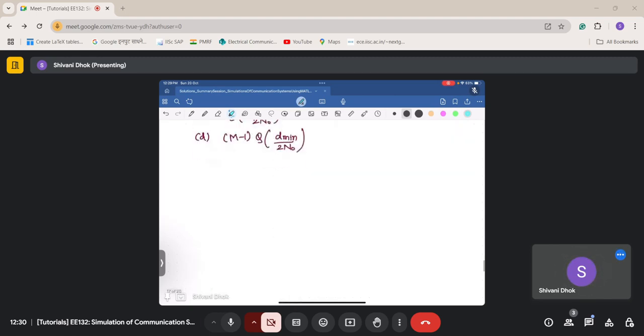Okay. So you need to figure out what the union bound is. So first let us look at probability of error. So this probability of error can be given as summation m equal to 1 to M. You are having M points. Probability that the mth constellation point was transmitted multiplied by probability of error given the mth point was transmitted. This is known as the law of total probability.